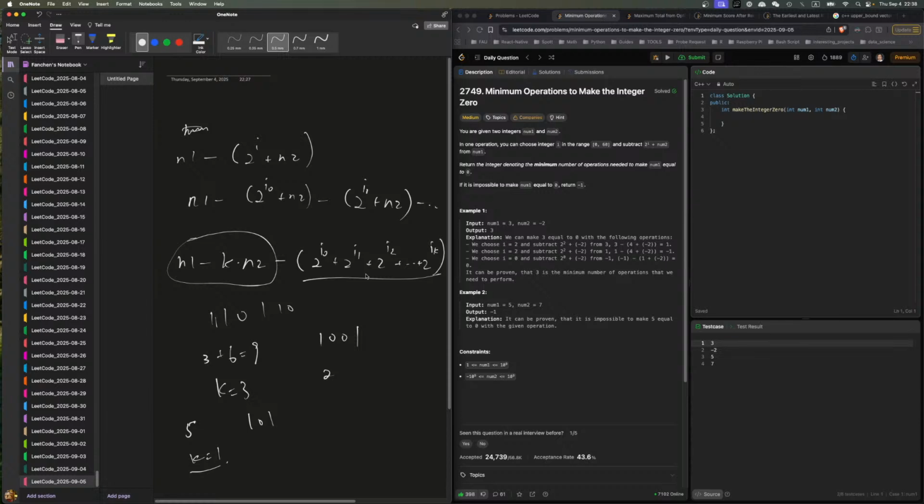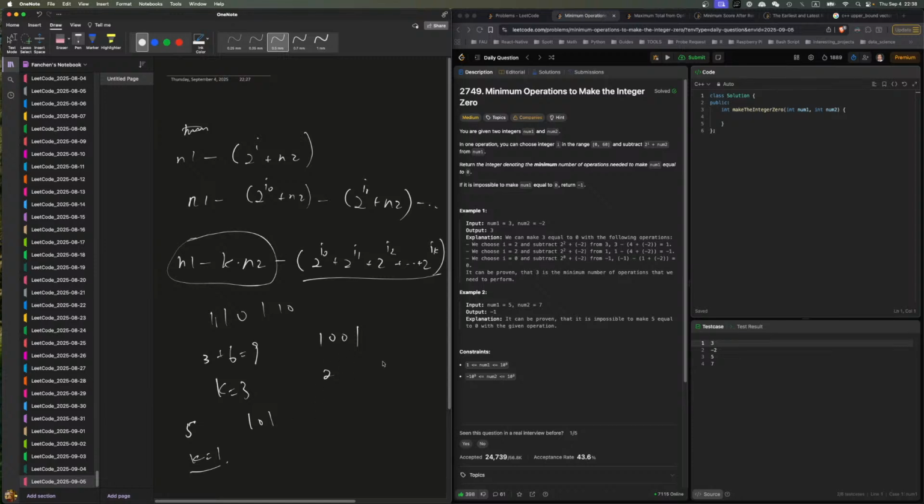So we have to check the number itself, right? And the number itself must be larger than the minimum. So if I have k equal to something, and the minimum of this is going to be equal to k, the number has to be larger than k, right?